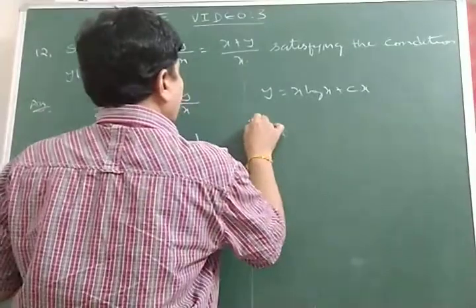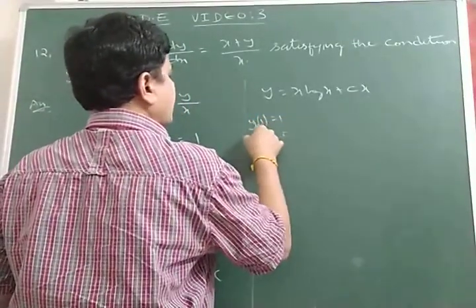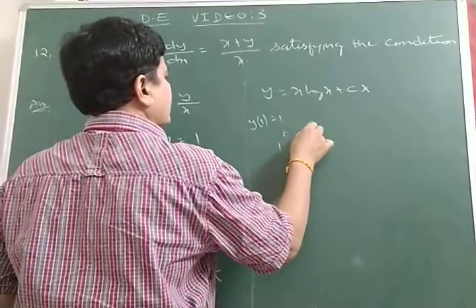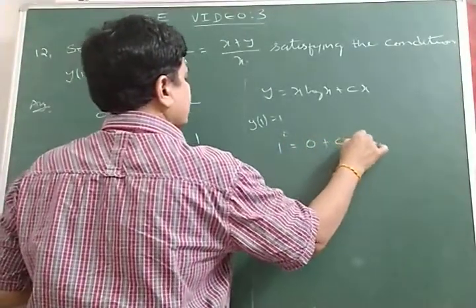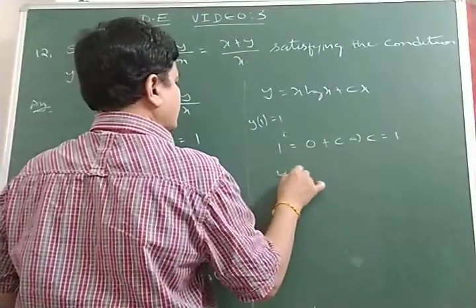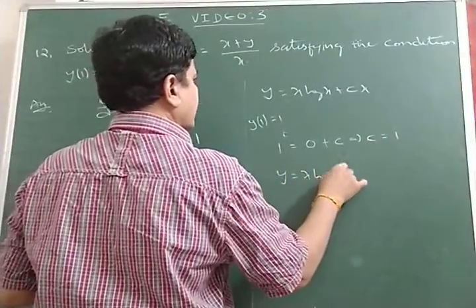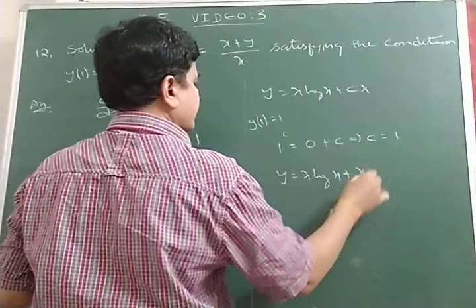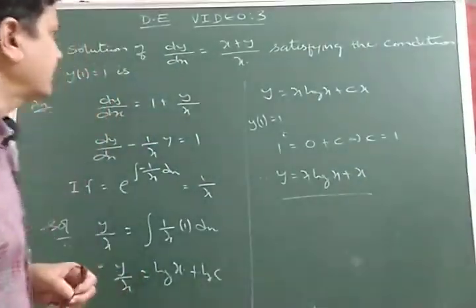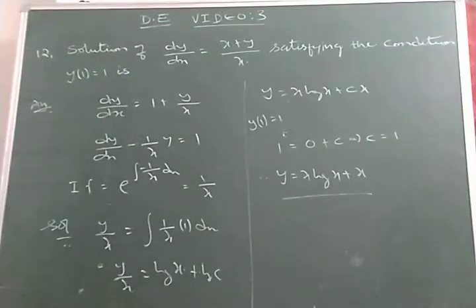Given y(1) = 1. That means when x = 1, y = 1. 1 = 0 + c. c = 1. So therefore y = x log x + x, which is the required solution of the given differential equation.